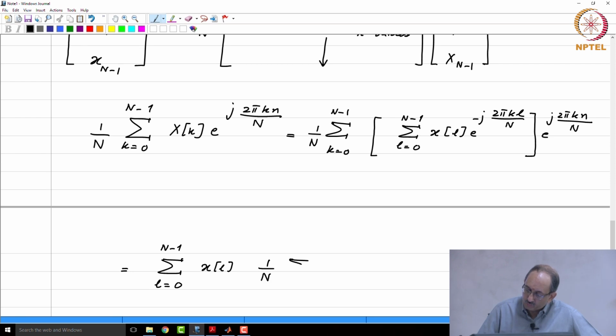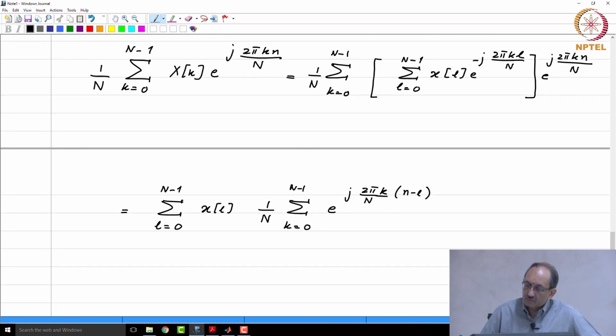So, this is nothing but 1 over N, k going from 0 to capital N minus 1, e to the j 2 pi by capital N times k times n minus l. All I have done is collect the remaining two exponential terms, and this is what this is.